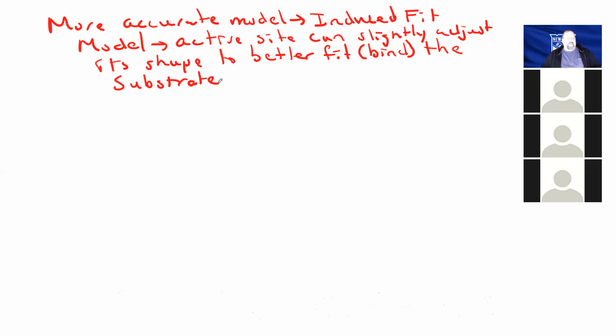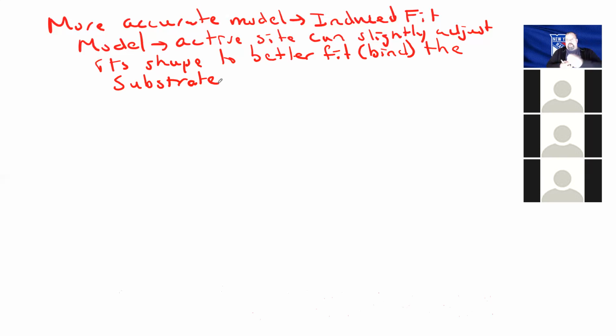Slightly adjust, because wholesale changes in shape are not going to occur. But the active site can make slight adjustments so that the substrate can fit nice and snug into the active site. Now, in the lock and key model, the active site would make no adjustment at all.